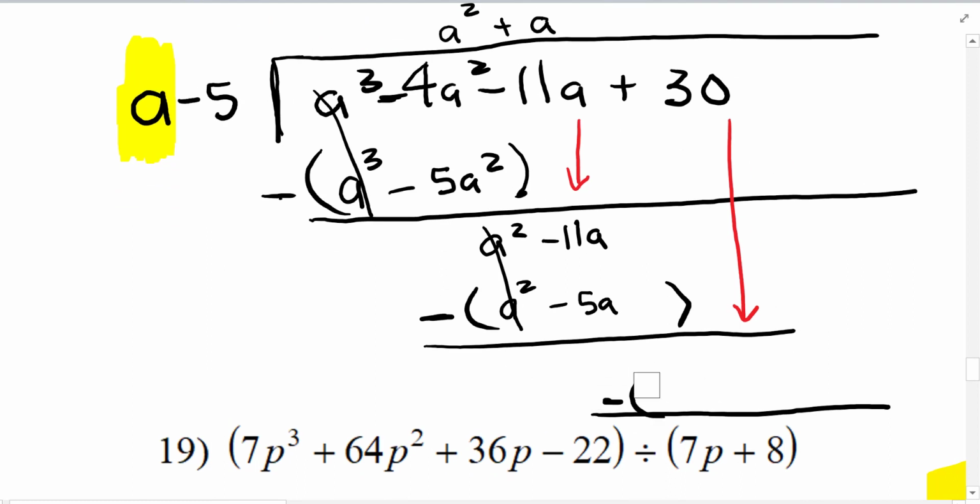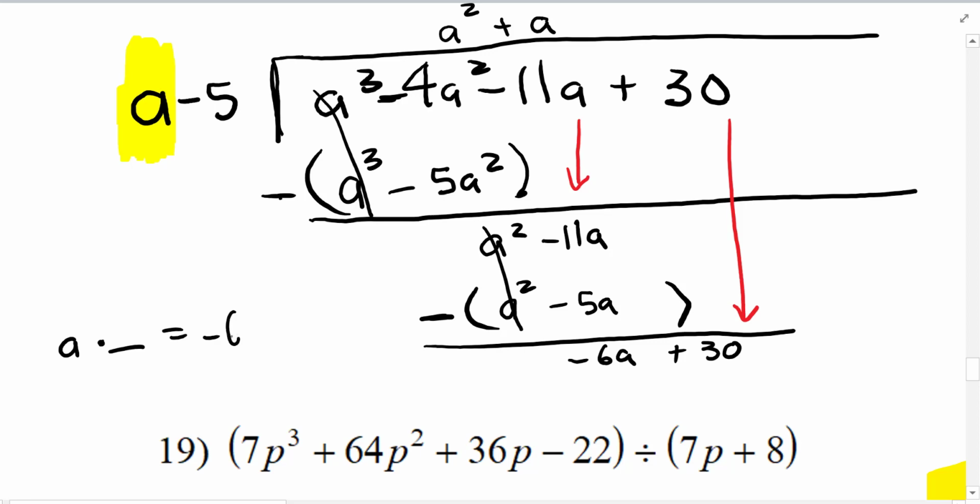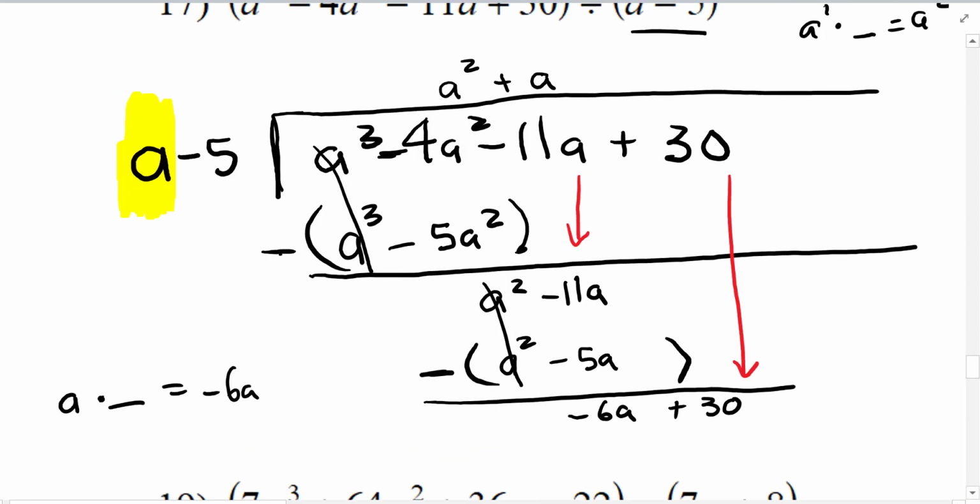I had all of this kind of pre-done and then I erased it. So, all right, the negative 11a plus 5a is negative 6a, and then we need to bring down that plus 30. A times what is equal to negative 6a? Well, negative 6.